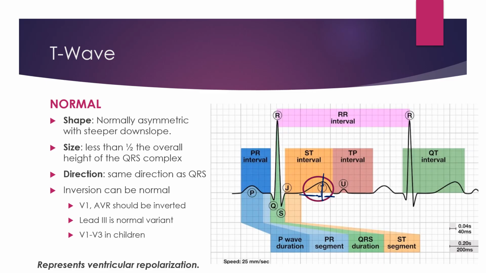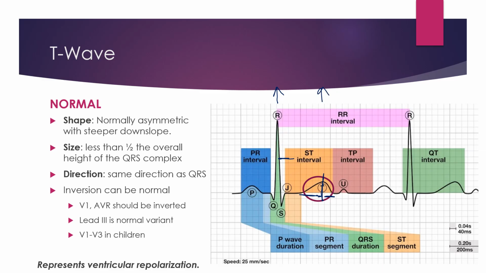It is also less than half the height of the QRS complex. And you can see the QRS complex height, this is about halfway. Our T wave is less than half, okay? It also should go in the same direction as the QRS complex. So you can see that our QRS complex is predominantly upright, and our T wave is also upright. This is normal, okay?